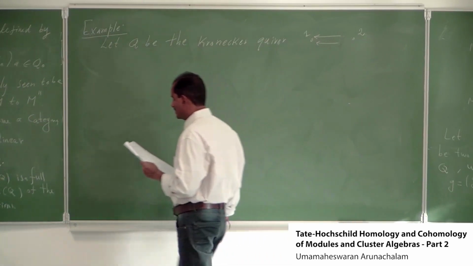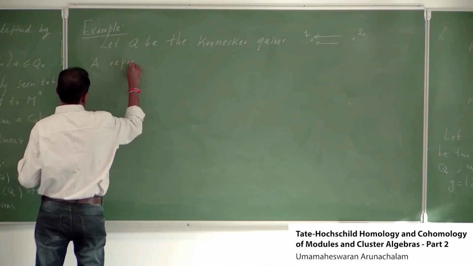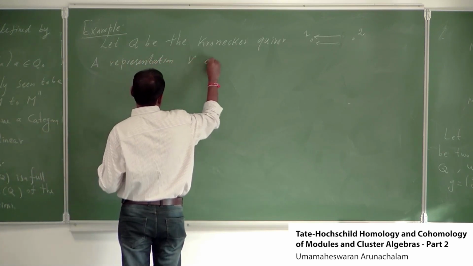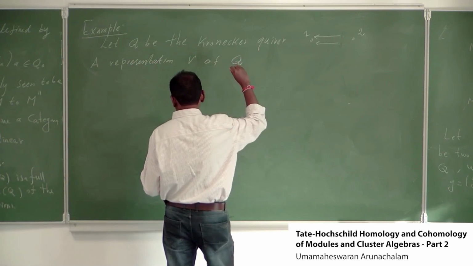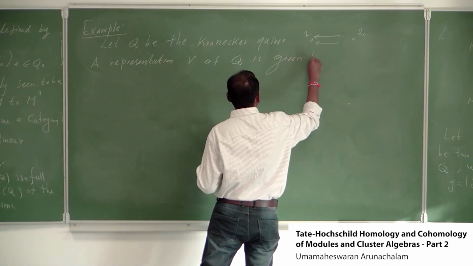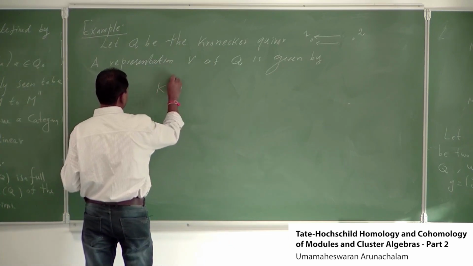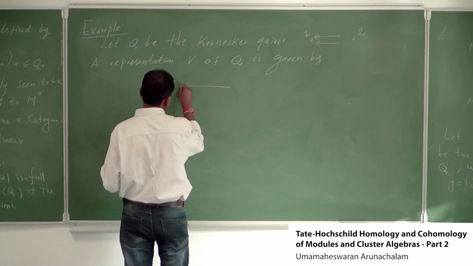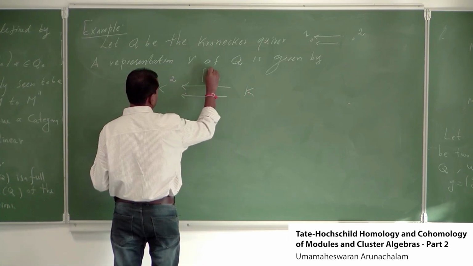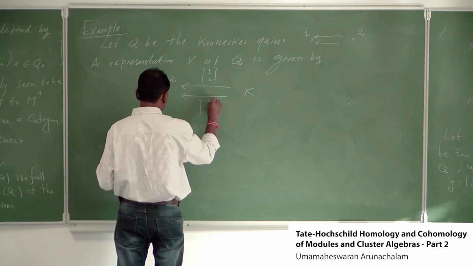A representation V of Q is given by K squared into K. This map is (1 0), here it is (0 1).